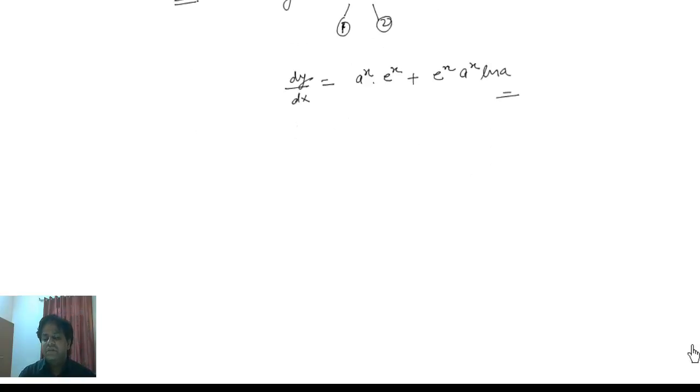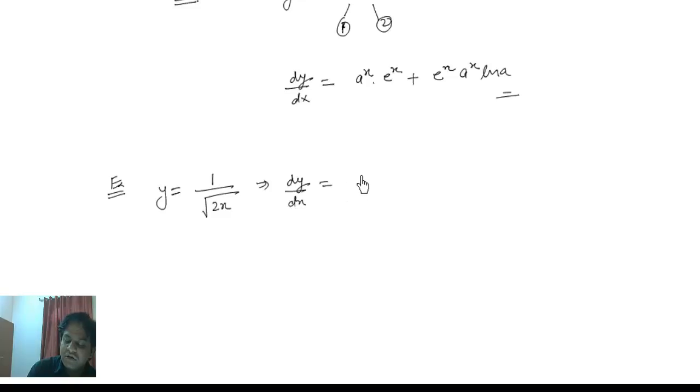So this way we can differentiate any function which is having two different multiples of functions, right? Let's see some more examples. Like if somebody asks me to differentiate y is equal to 1 by root 2x, then to differentiate this function, I'll just keep 1 by root 2 as it is, and 1 by root x is this.